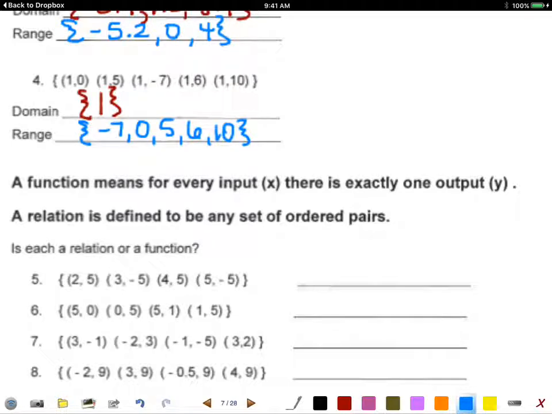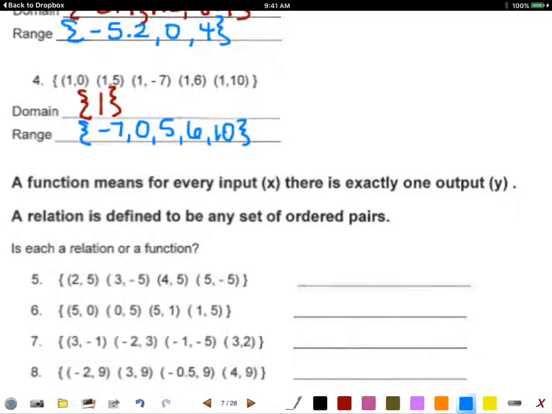Okay, so in bold it says a function means, okay, so if you're like, well, what in the world is a function? What a function represents is whenever you have an input value, like a value for x, and you put it into a function or into an equation, out should come one answer, your y value.